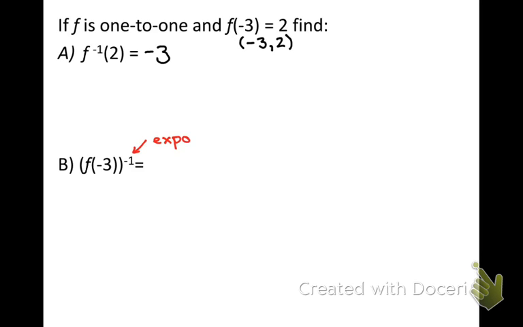An exponent of -1, think back to those negative exponents, really tells you to find the reciprocal. So this is saying, what's the reciprocal of f of -3? What's the reciprocal of 2? It is 1/2. So let's make ourselves a little note here.